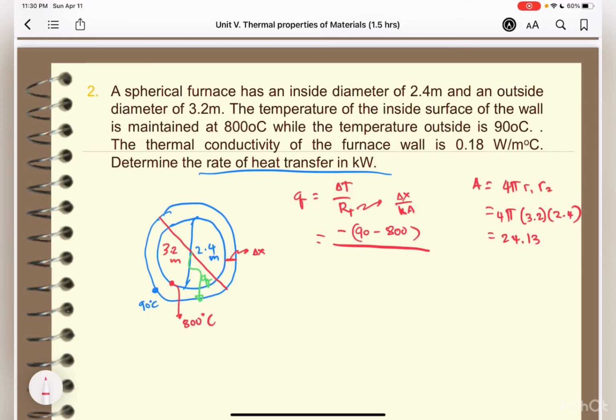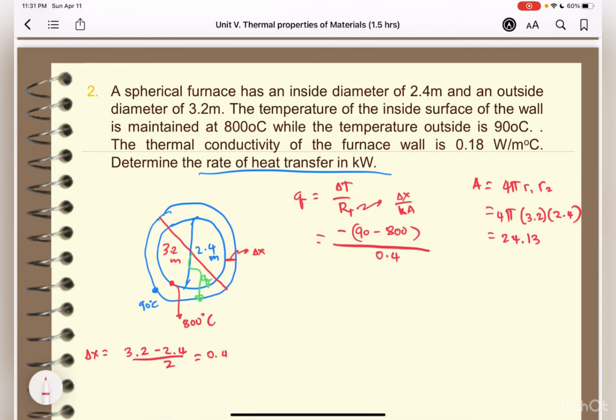It's 3.2 minus 2.4 divided by 2. So you get your delta X to be around 0.4.